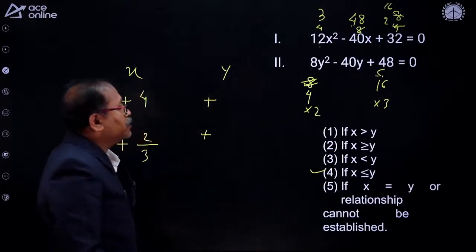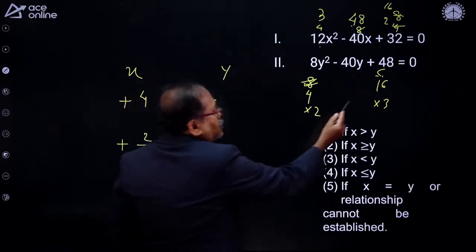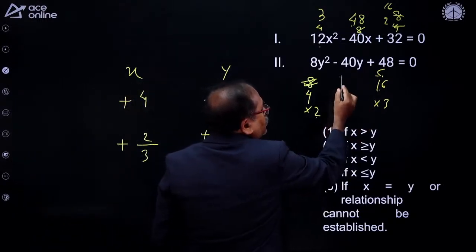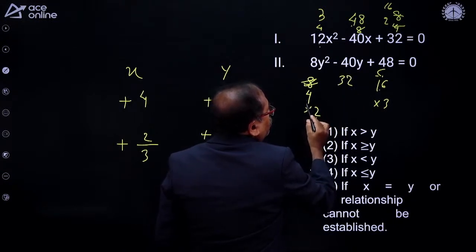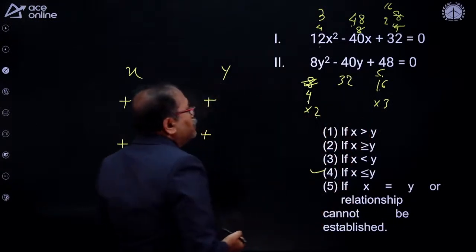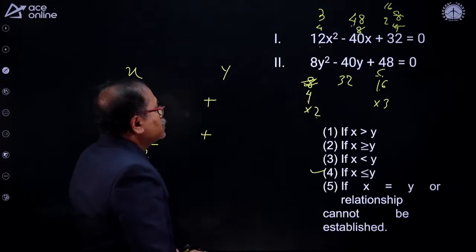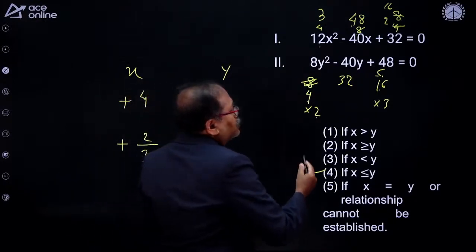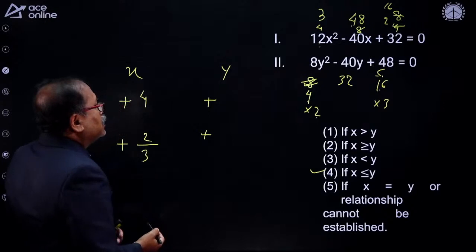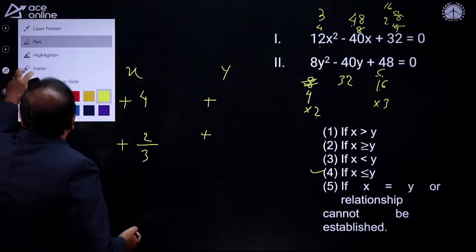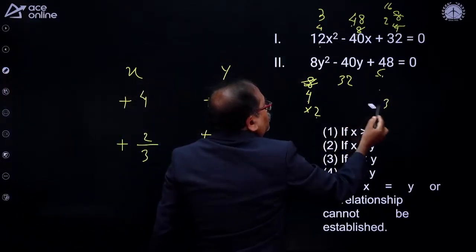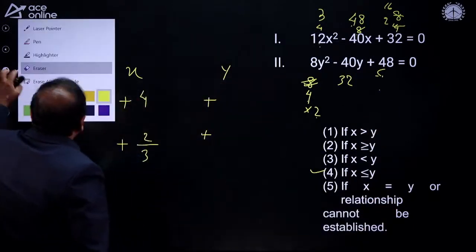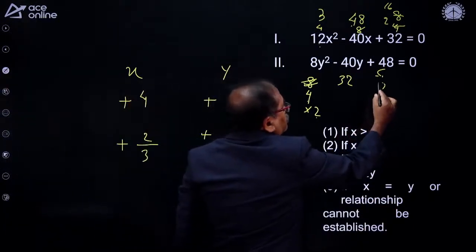So will I get the 40 here? 16 2 is 32 and 4 3 is 12. No. So then 16 can be written as 8 into 6. Let's write this as 8 into 6.